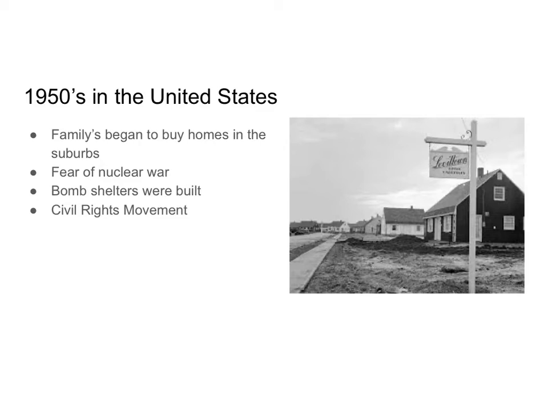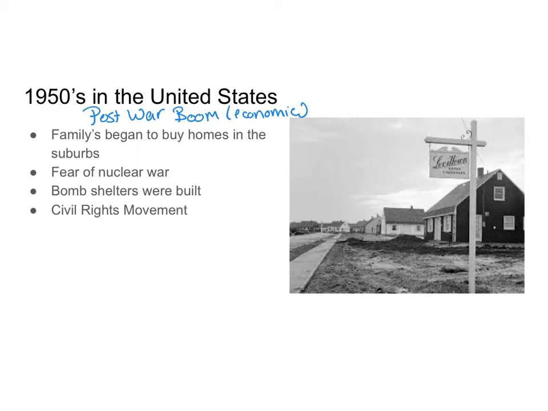So the 1950s in the United States, what was it like to live in America in the 1950s? Well, on one side, you had this suburban lifestyle, right? It was the post-war boom, meaning economic boom. People had stable jobs.